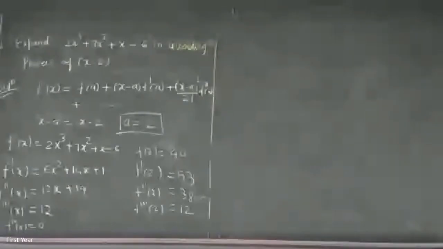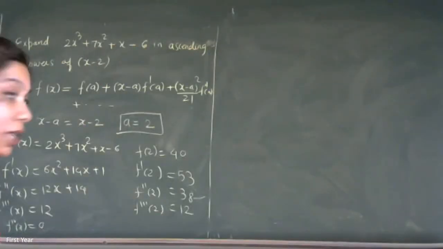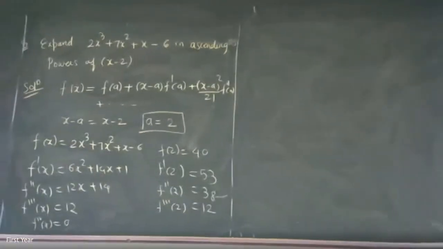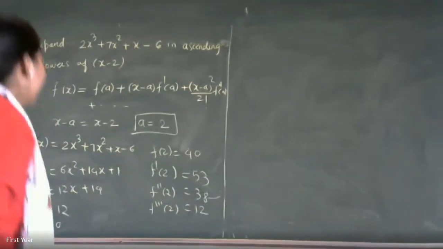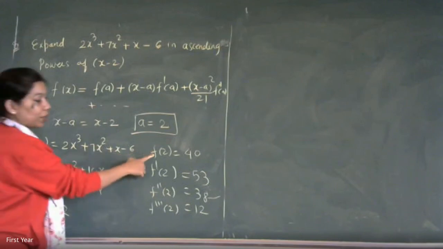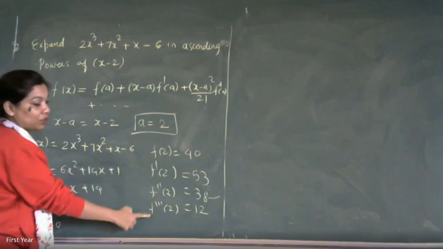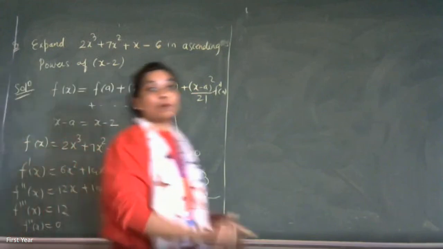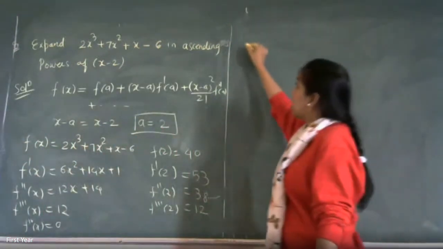I have written the values. Everyone, please check now what I have written on the board. You can see that x minus a is x minus 2, which gives a is equal to 2. Then we wrote f of x, f dash of x, double dash, triple dash. The rest of the derivatives are 0. Substitute x is equal to 2. You get f of 2, f dash of 2, double dash, and triple dash is equal to 12. Substitute it in the final expansion of the Taylor series.